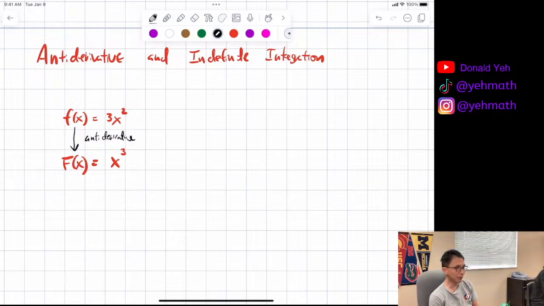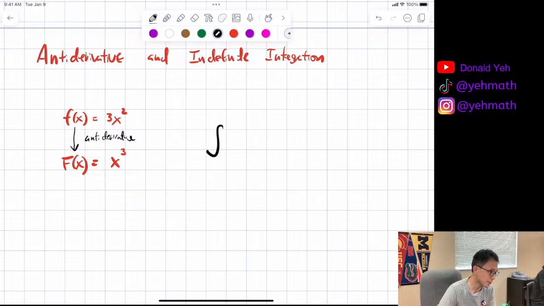So now remember, I use a capital F rather than a non-capital f, because if I integrate f of x, I can write it in two ways. I can write this as the integration of f of x dx is equal to capital F of x.